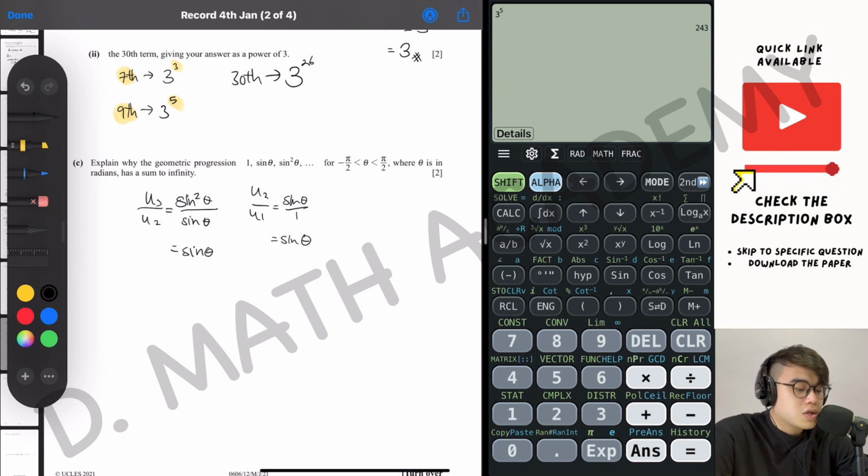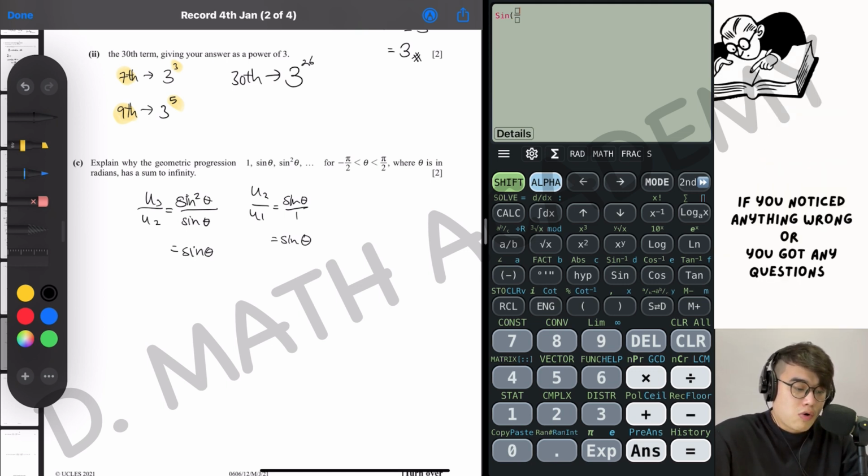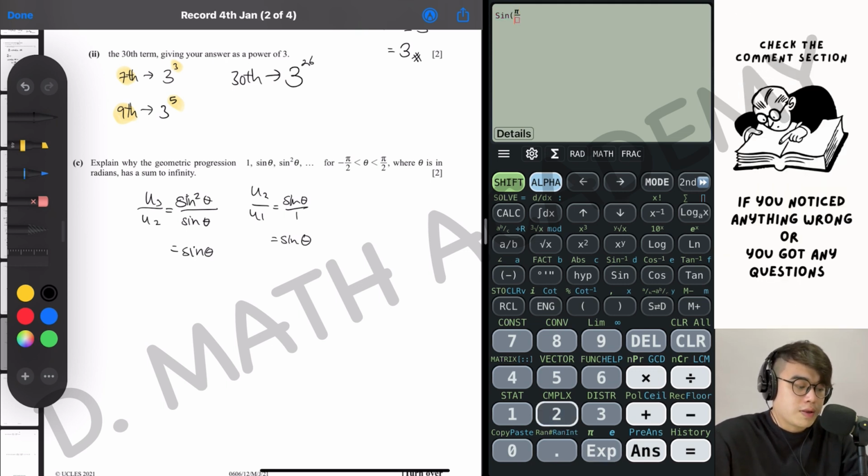So from this, now that we have our common ratio as sine theta, let me double check. If I were to set it as pi over 2, you get 1. And if it's negative, you get negative 1.